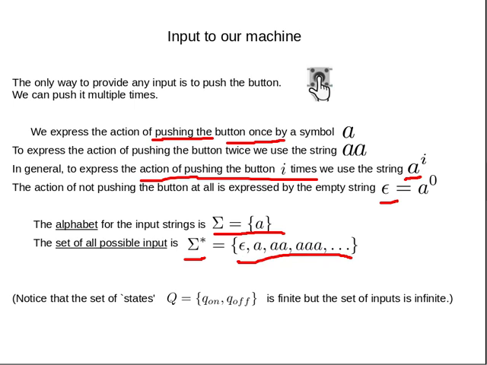So here we have fixed our alphabet, and we consider all the strings over this alphabet as all possible inputs. And just an observation: the set of states is finite, cardinality 2, but the set of all possible inputs is infinite. And that has to be the case. If you are solving a problem with your machine, it should be able to take all sorts of inputs.